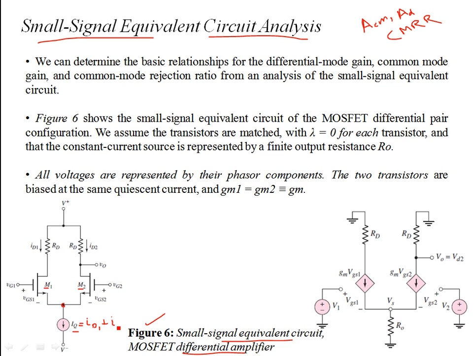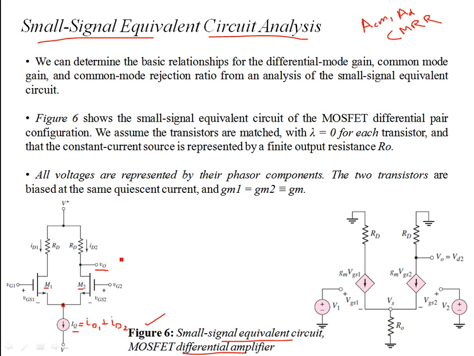This biasing current is bifurcated into two branches, ID1 and ID2, and the circuit is symmetrical. The drain resistances are the same, RD, and this is a single output amplifier. We are taking the output from the drain of M2.